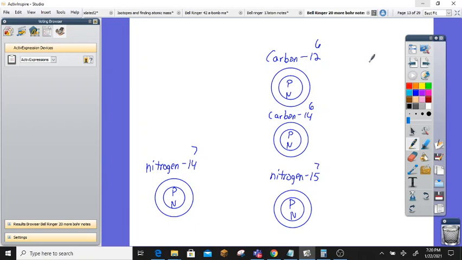So this is still on your notes, just continue it on the left or right side if you run out of space. So we know it has 6 protons, 6 electrons, 1, 2, 3, 4, 5, 6. And neutrons is 6.